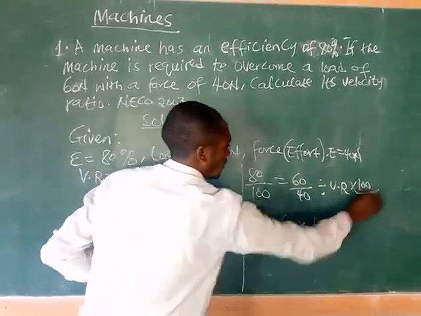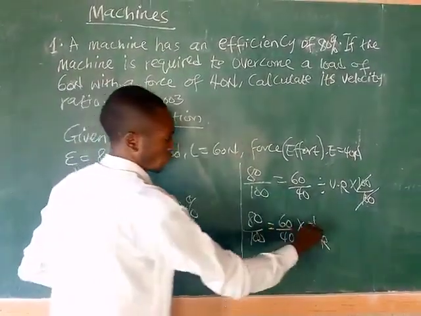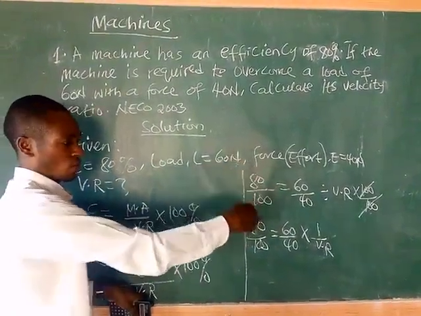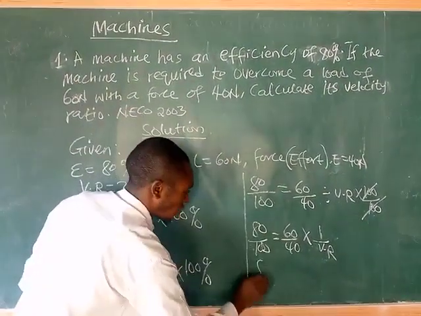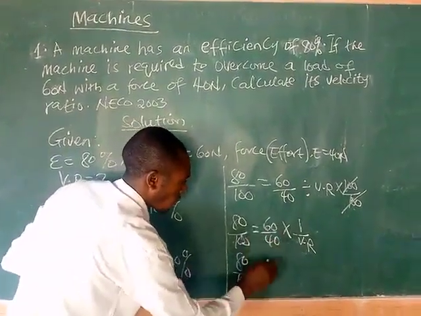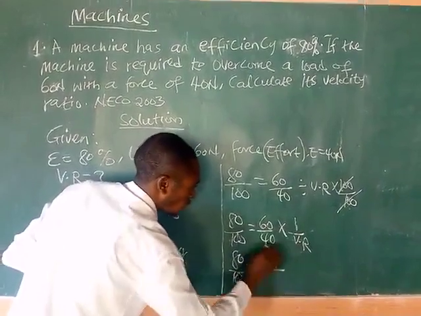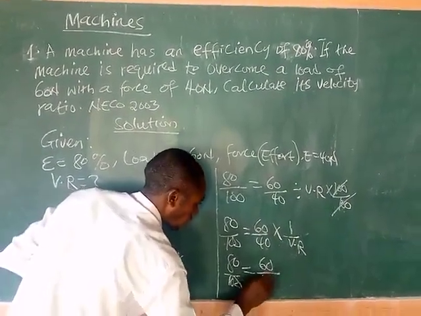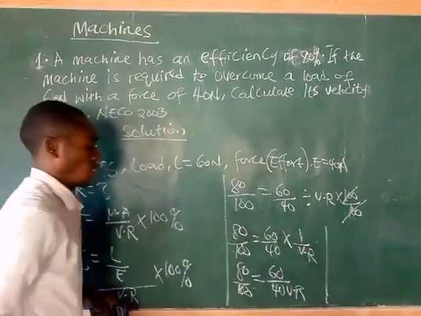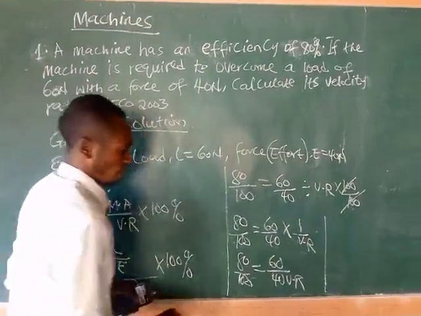Now, 100 divided by 100 is 1. So there's no point writing times 1, because that is gone. 1 is still going to give you the same answer. So we have 80 over 100 equals 60 over 40 times VR, that is 40 VR. Now, if you make VR the subject of the formula, you cross multiply.